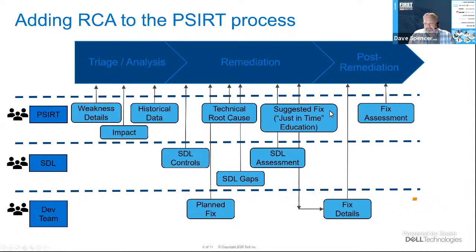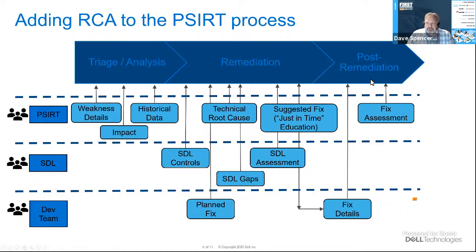We get a suggested fix, perhaps, we might offer that to the dev team, but we also might be able to provide some just-in-time education to others in there as well. They may be saying, I plan to fix this by adding this filter or doing this deny list, and we turn around and explain why it might be safer to use an allow list, or to not rely on something, or to build in some defense in depth, whatever the example happens to be.